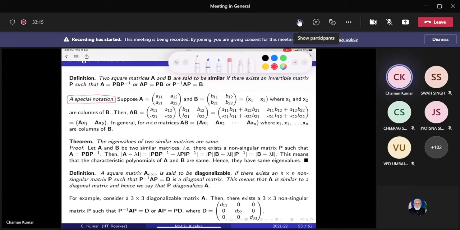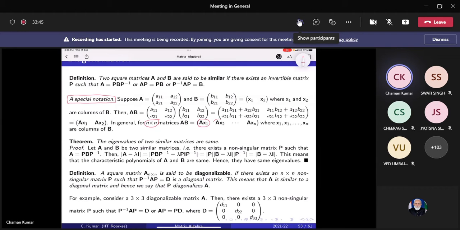So this was for the matrix of order 2 by 2. If we have two matrices A and B of order n by n, the same thing can be extended, where we can write the first column of the product of the matrix AB as A into x1.